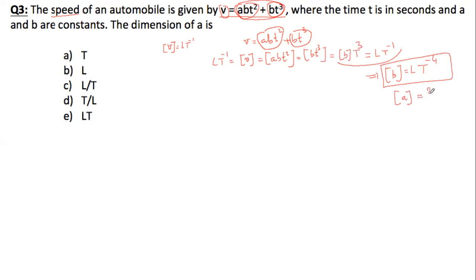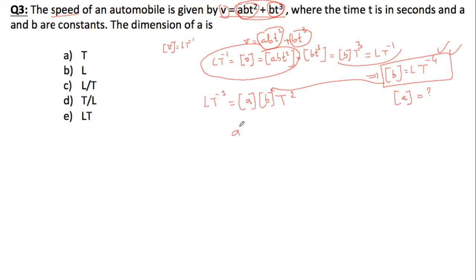I want the dimension of A. So how will I get the dimension of A? Well, I come back to this side of the equation here. I know that L T minus 1, which is the dimension of speed, is the dimension of A times the dimension of B that I already know from here. So I just plug it here, times the dimension of T squared. Okay?